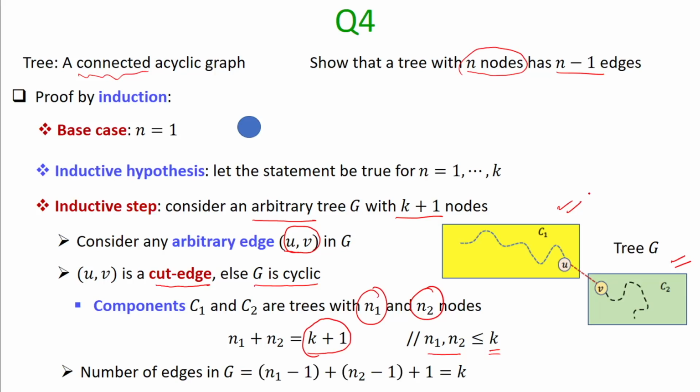So as per the inductive hypothesis, I can claim that the number of edges in C1 is n1 minus 1, the number of edges in C2 is n2 minus 1, and that tells me that the total number of edges in the original tree G is just one more than the number of edges that I have in the trees C1 and C2. This is because the only edge which I have removed is the edge between the nodes u and v, and that proves the inductive step.